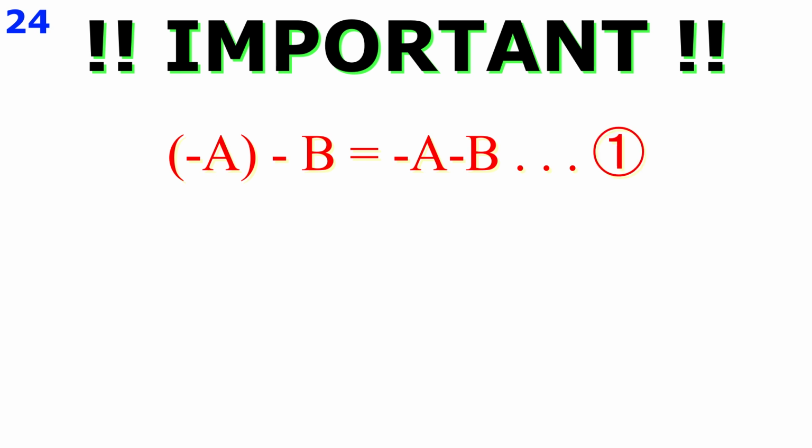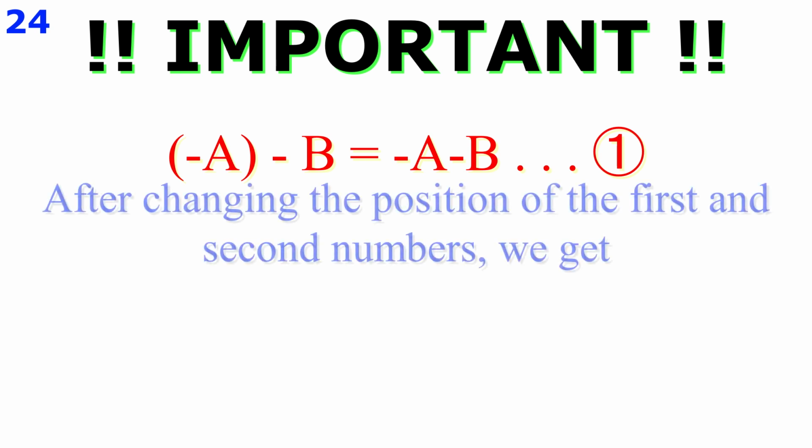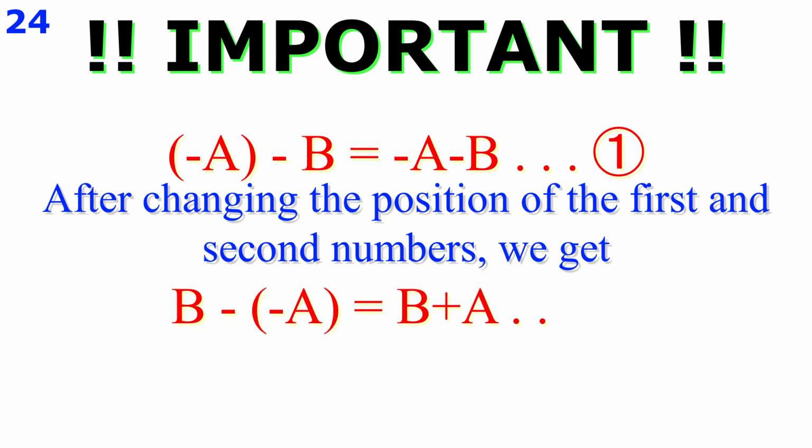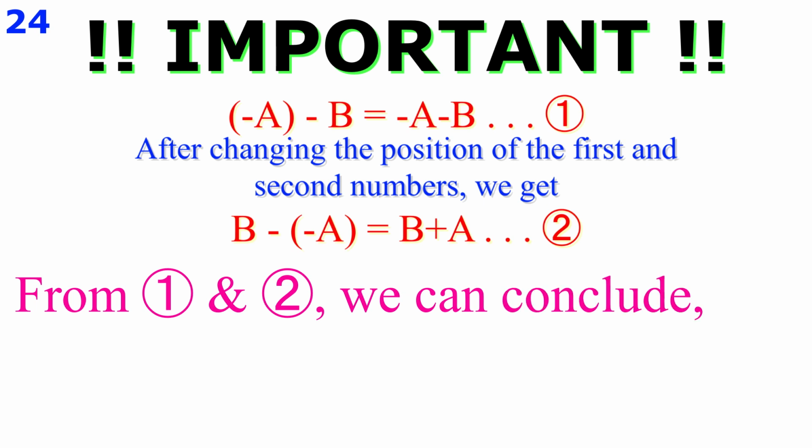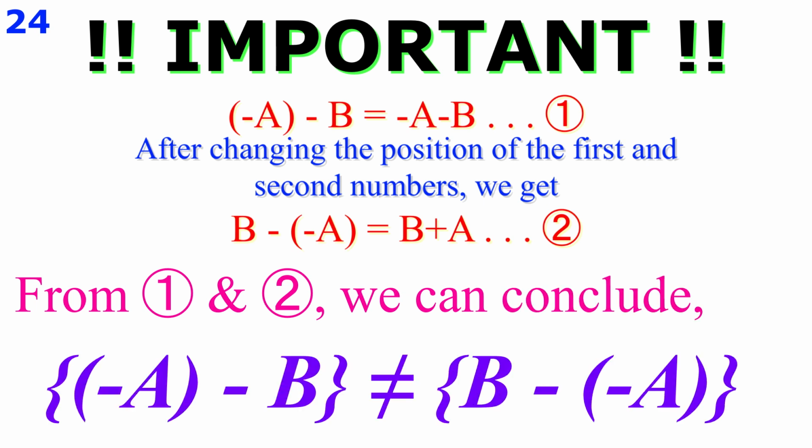Suppose equation number 1. After changing the position of the first and second number, we get b minus minus a equal to b plus a. Equation number 2. Hence, from equation 1 and 2, we can see that, follow the screen.